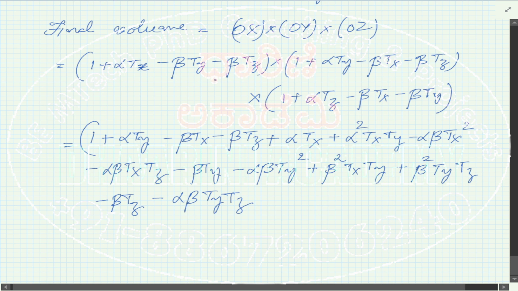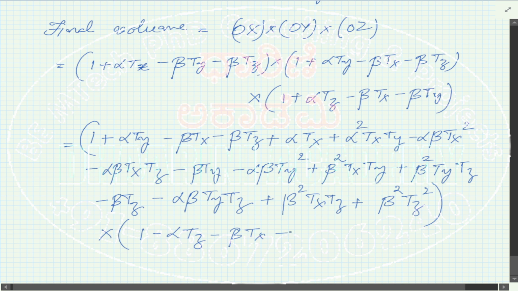Then same thing, minus of minus is plus beta square Tx Tz, and the last term, minus of minus is plus beta square into Tz square. This is the first multiplication. I need to multiply this with 1 minus alpha Tz minus beta Tx minus beta Ty later.